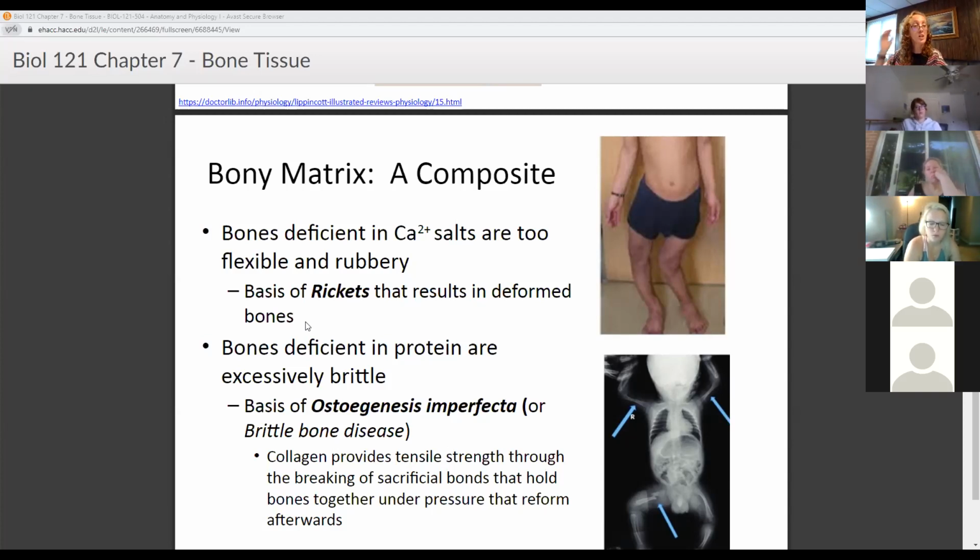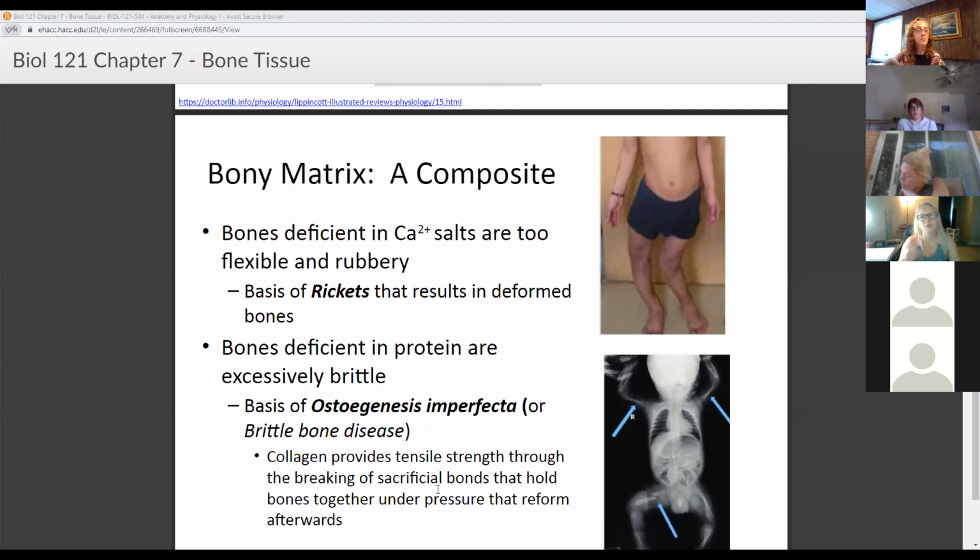Bones that are deficient in protein are excessively brittle. What this means is that they tend to break easily. This is the basis of osteogenesis imperfecta, a genetic disorder.